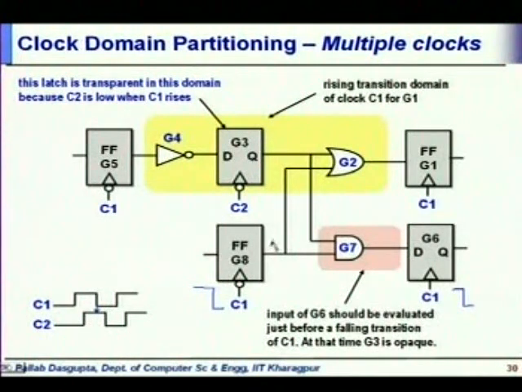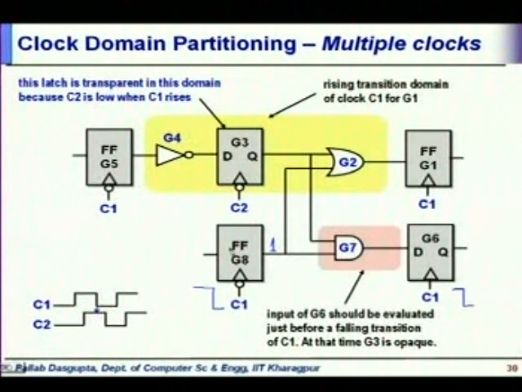So if the value here was 1 at that point of time, then we are going to take 1 only, not the value that is here, because the idea is that you evaluate everything, and when the actual transition takes place, you just update all of them together.